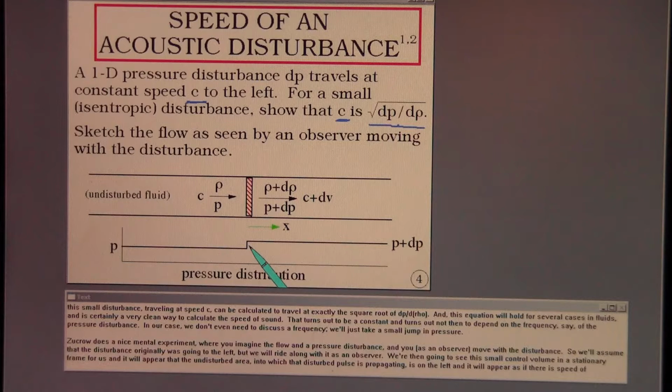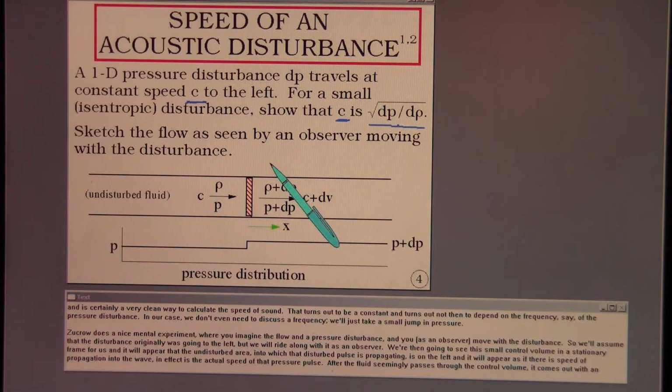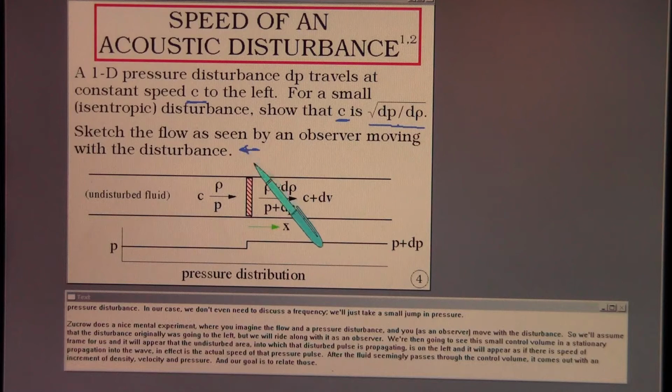Zucco does a nice mental experiment where you imagine the flow and a pressure disturbance, and you, as an observer, move with the disturbance. So we'll assume that the disturbance originally was going to the left, but we will ride along with it as an observer.